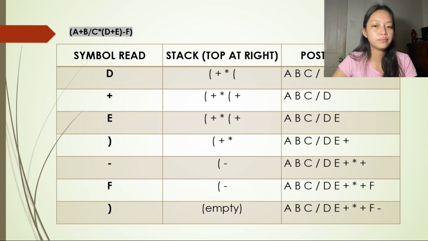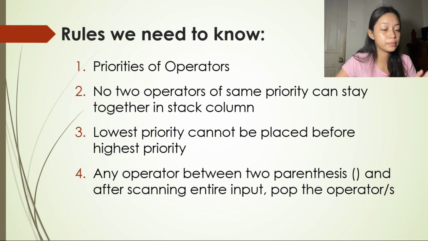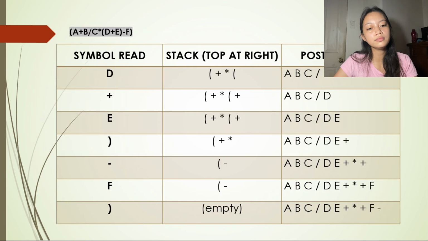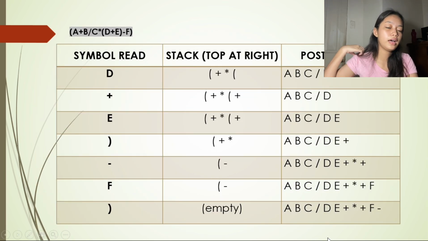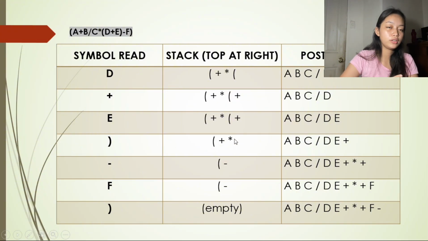Atong naa sa rule, lowest priority cannot be placed before ang highest priority. So it means na need ta nato i-pop ang saman. Need na to i-pop si multiplication kay siya man ang highest priority.